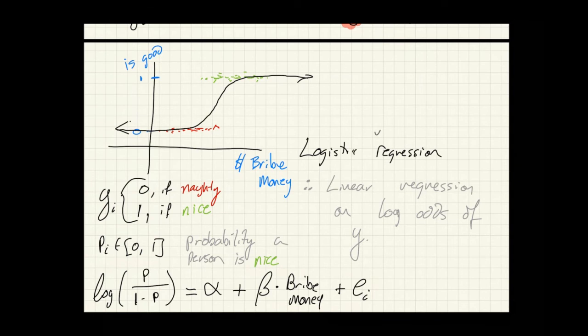So we call it a logistic regression because the logistic function maps us from what we model in the linear term, this log odds, back to y. Once we're in the log odds, it's just a linear model.